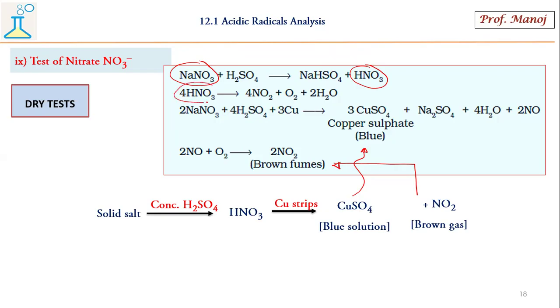This HNO3 now produces what? Nitrogen dioxide and oxygen. Now once again, the second lot of NaNO3 will react with this copper, and this NO which is produced here will get converted into NO2. So brown fumes are due to two reasons: one, NO2, and blue color due to copper sulfate.